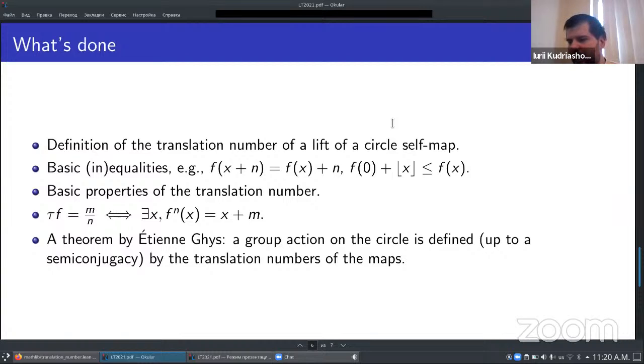And I prove exactly one non-trivial result. It's a theorem by Tianjis, from 1985 or 86. If a group acts on the circle, okay, since it's a group action, it acts by homeomorphisms.